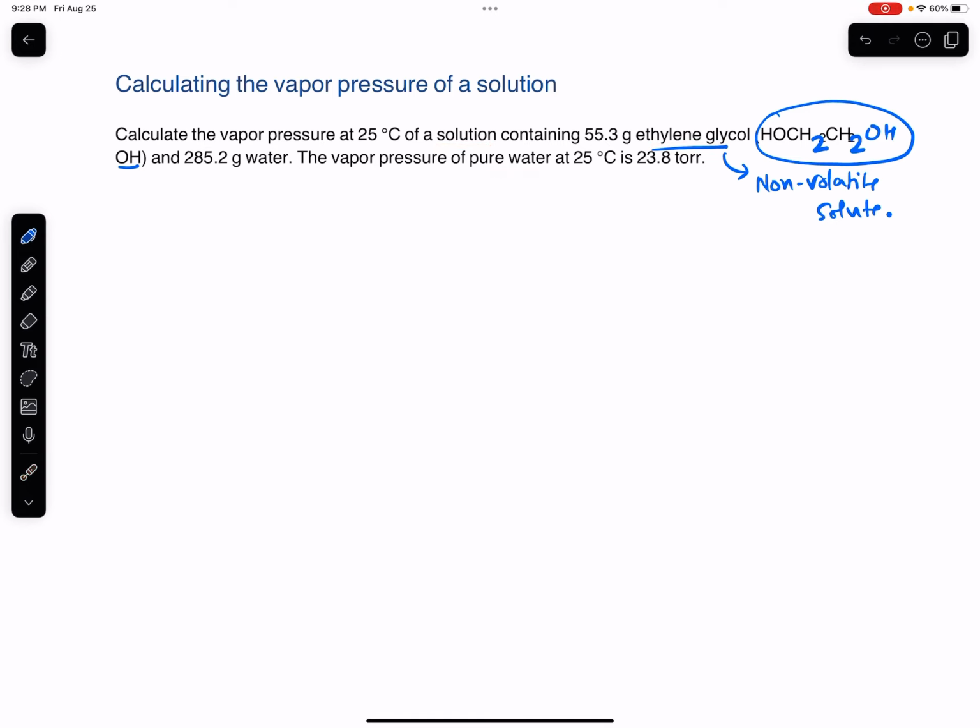All right, so for this problem, we need to be aware of Raoult's law. Based on Raoult's law, the vapor pressure of the solution, let's call that P solution, is equal to the mole fraction, so that's X or chi, whatever you want to call it, the mole fraction of water, which is the solvent, times the vapor pressure of pure water.